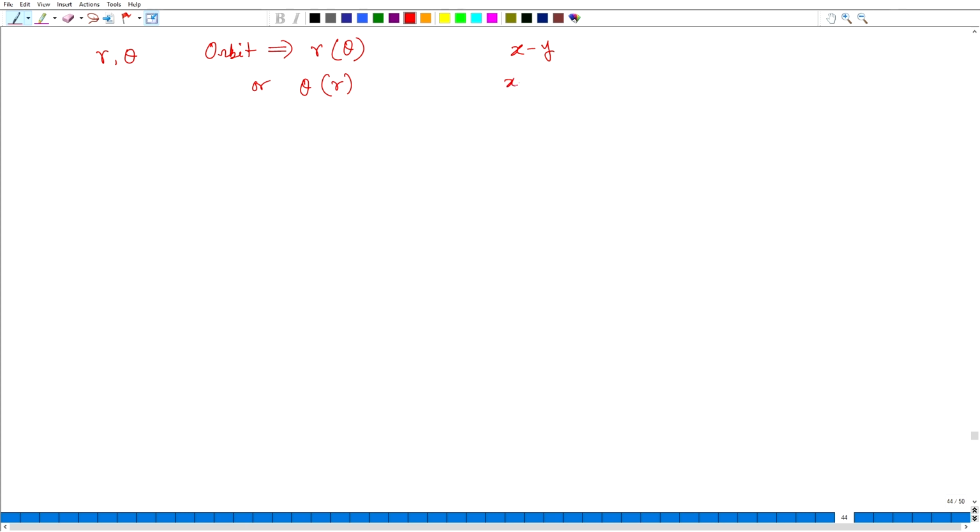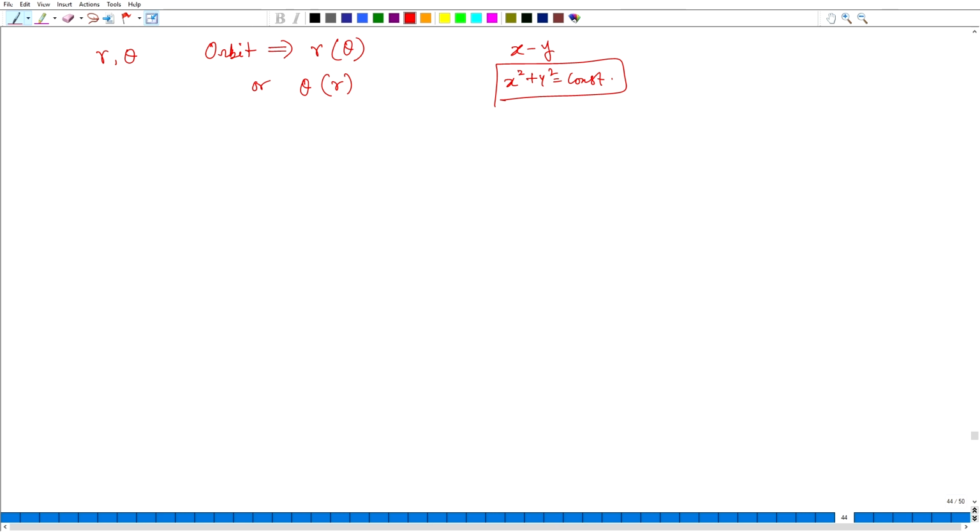Let us see, if you say that in an xy plane x square plus y square is equal to constant, you know this will be a trajectory of a circle, okay, just like this. Okay. So, I will first do something very simple.